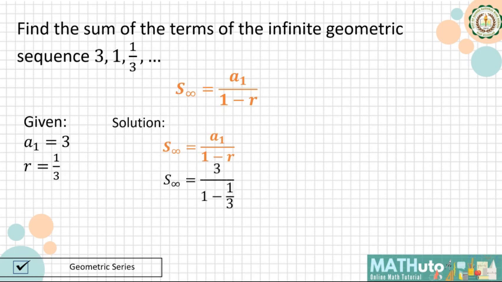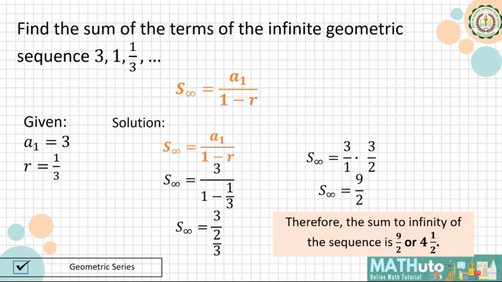We have sum to infinity is equal to 3 all over 1 minus 1/3. Let us simplify the denominator of the fraction. We'll come up with sum to infinity is equal to 3 all over 2/3. Simplifying it, we have sum to infinity is equal to 9 all over 2. Meaning, the sum to infinity of the sequence is 9/2 or 4 and 1/2.